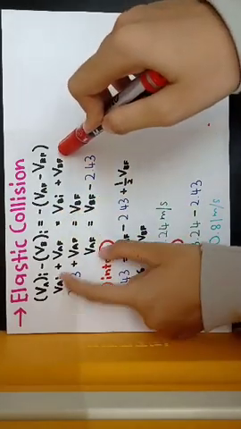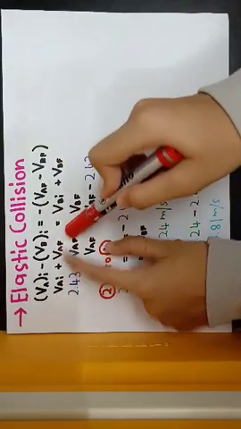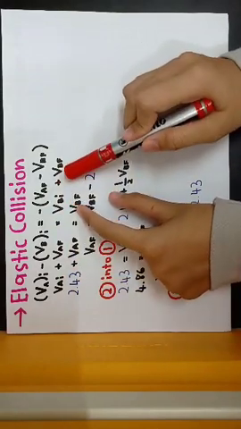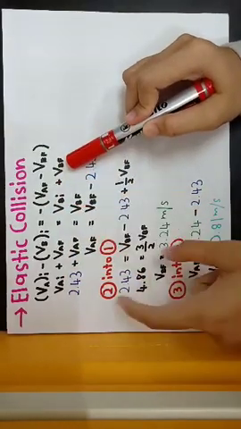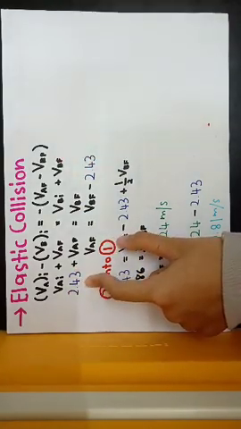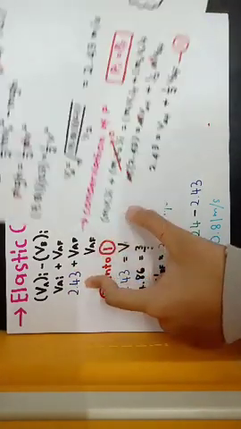So we have V initial of A plus V final of A equal to V initial of B plus V final of B. We actually have this V initial of A from the previous calculation.